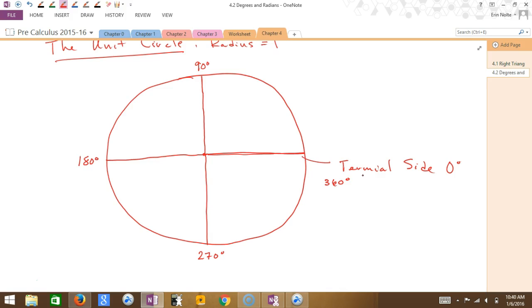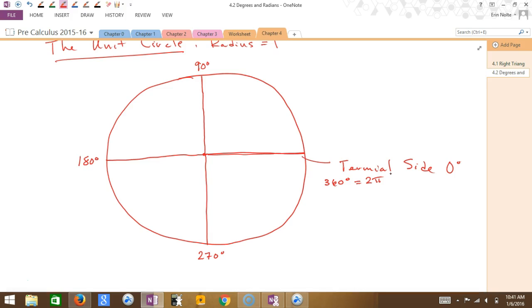One trip all the way around the circle, 2 pi r. When my r is 1, so 2 pi times 1, what is 360 degrees the same as? 2 pi. The r is 1. One trip all the way around the circle is 2 pi in radians.